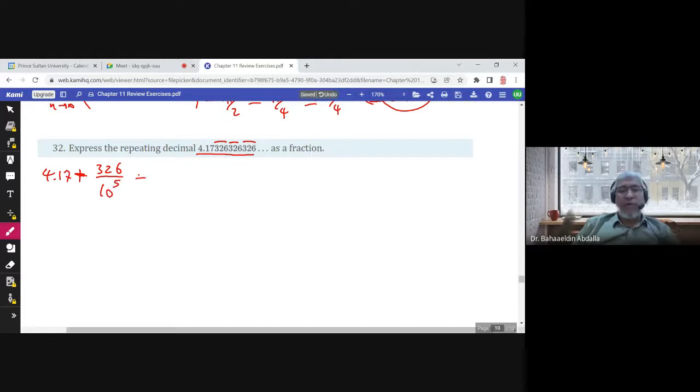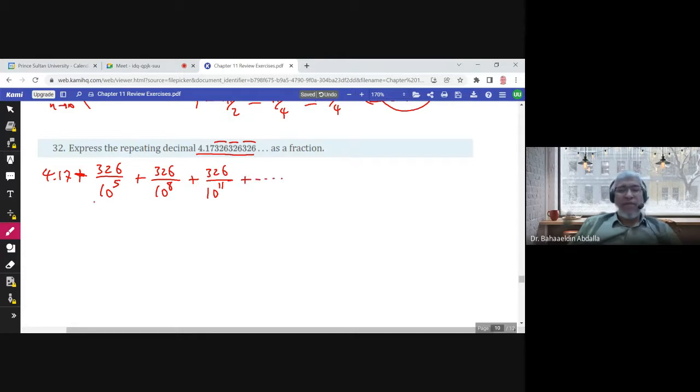Plus the other 326 would be over 10 to the power 8 because I have 8 decimals. And then 326 over 10 to the power 11, and so on.